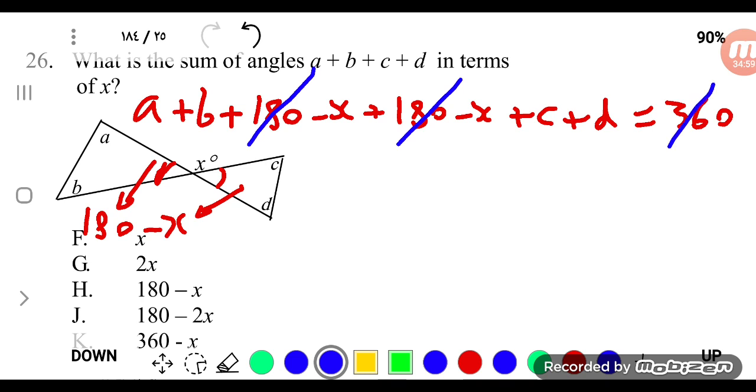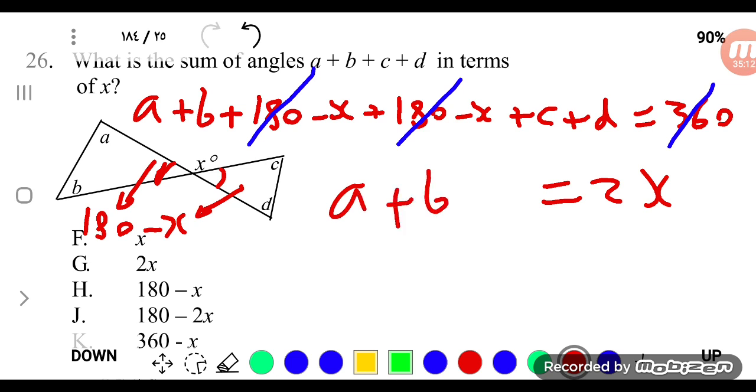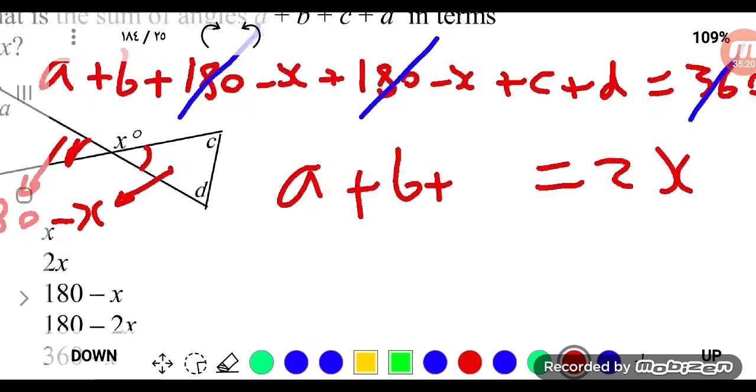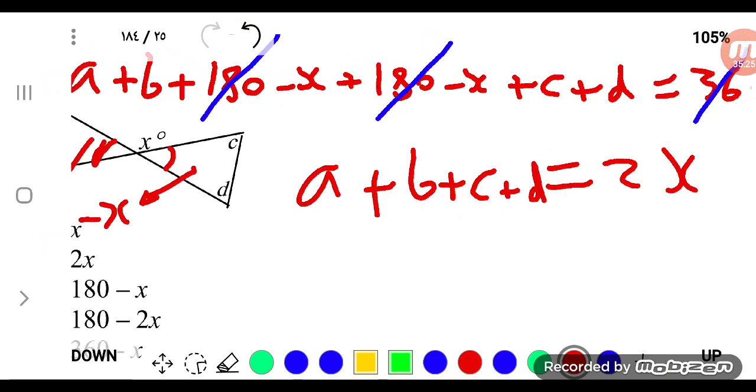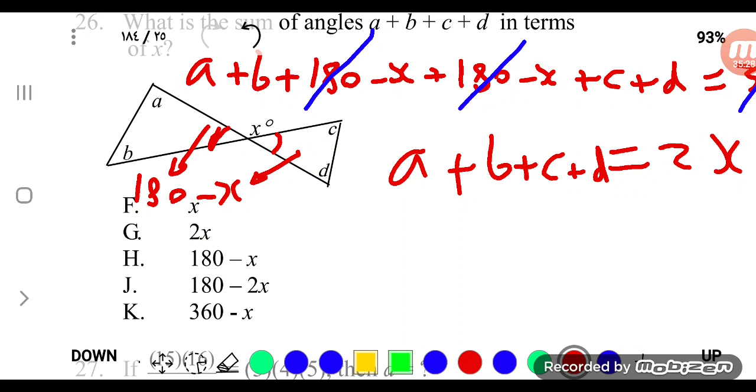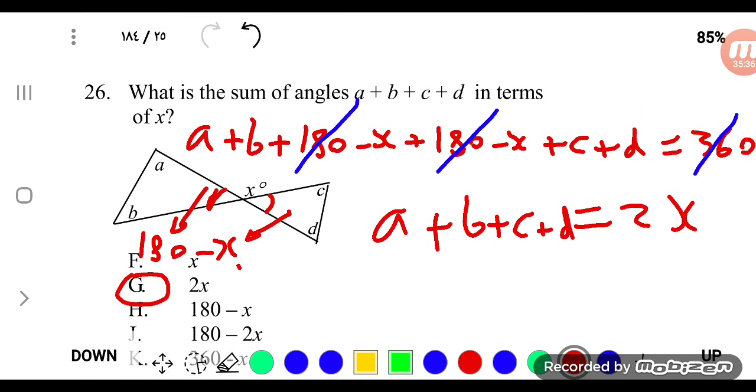Then you can take minus x and minus x, you get minus 2x. Take it to the right hand side, you get 2x. And what's left here is the sum of angles. So A plus B plus C plus D will be 2x. So option G here is the correct answer. Sum of angles A plus B plus C plus D is 2x.